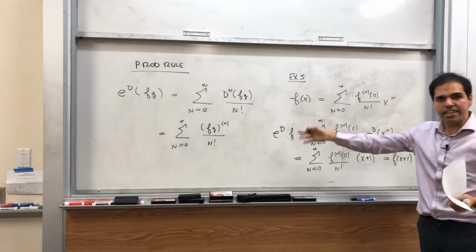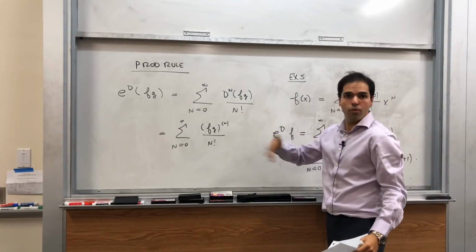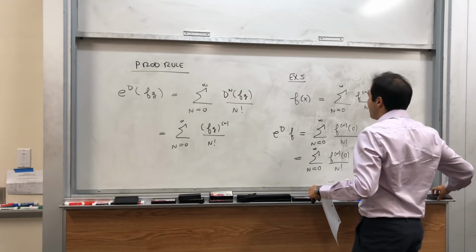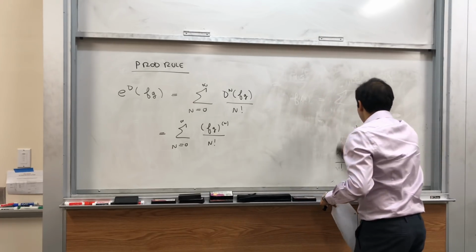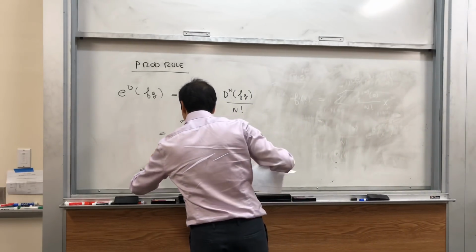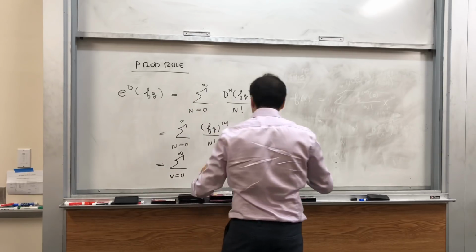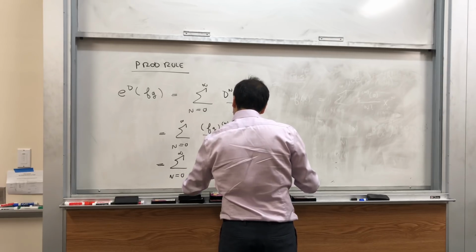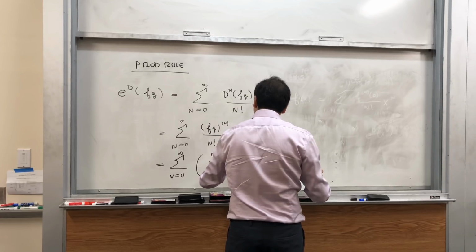And here's the nice thing. Now we can apply the regular product rule for nth derivatives, which is surprisingly similar to the binomial theorem. So that just equals the sum from n from 0 to infinity, and then the sum from k from 0 to n of n choose k.